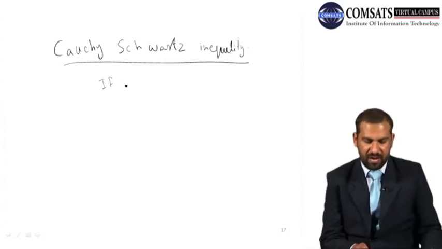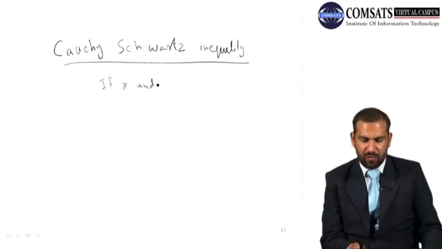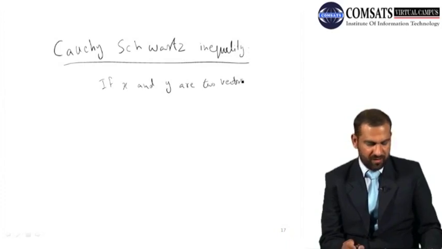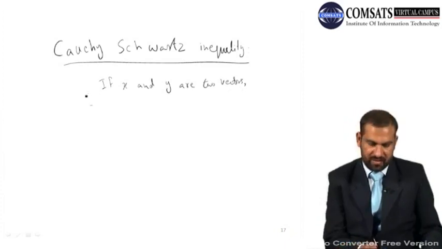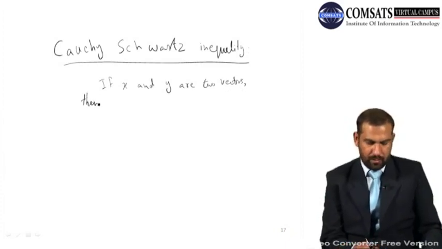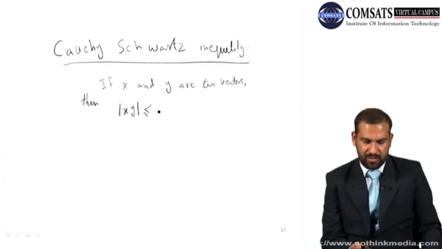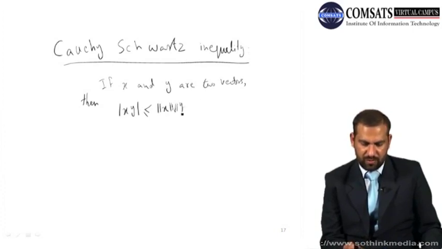That is, if x and y are any two vectors, then we have the mod of xy is less than or equal to the norm of x and the norm of y.